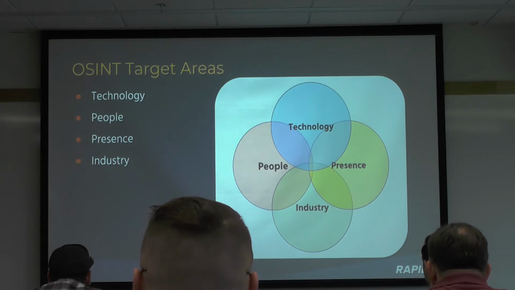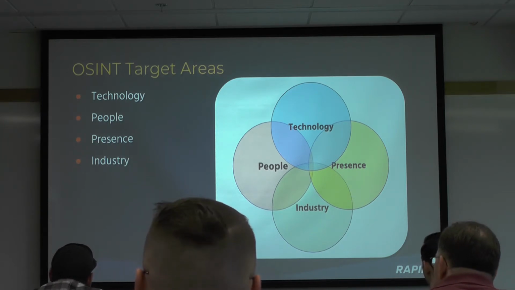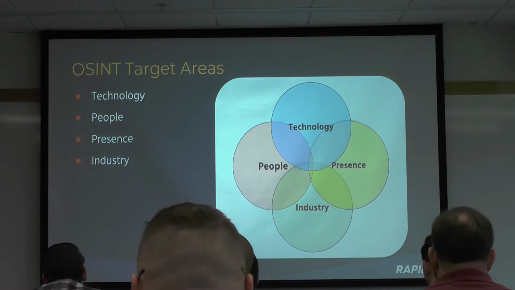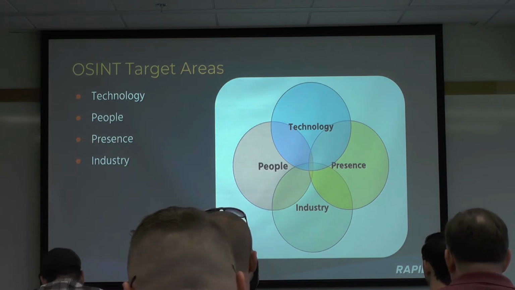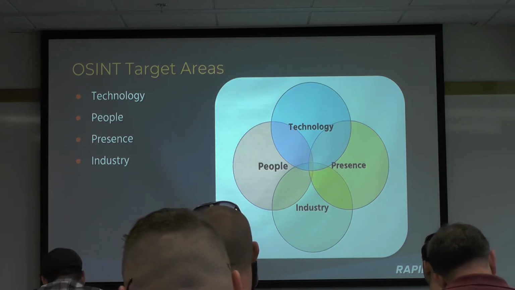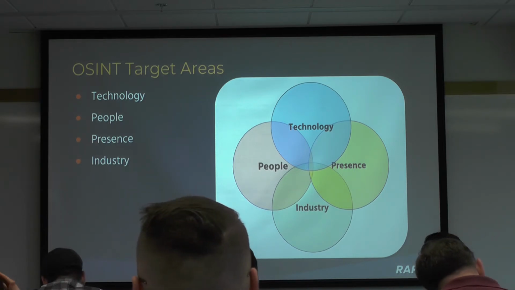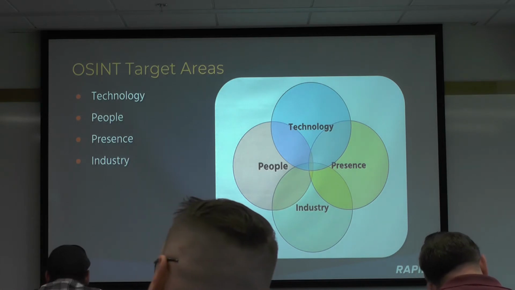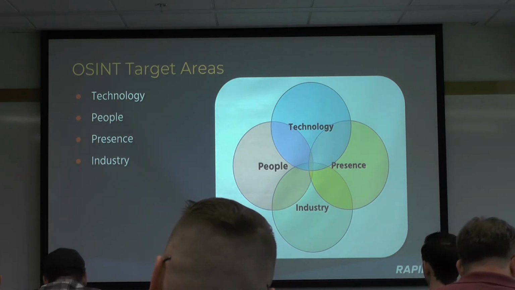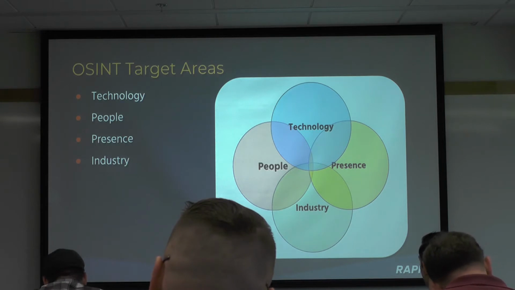Industry is mostly a high-level category. It includes broad data such as compliance standards, maybe some laws or regulations that your target has to follow, any big industry news that made the news recently, any kind of huge breaches.